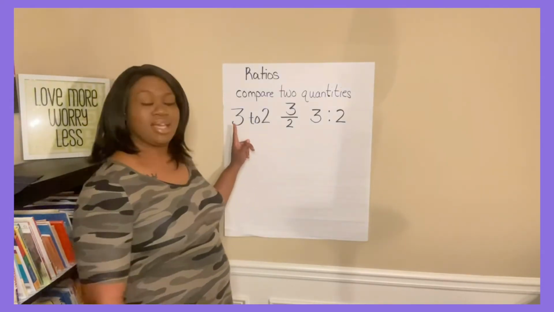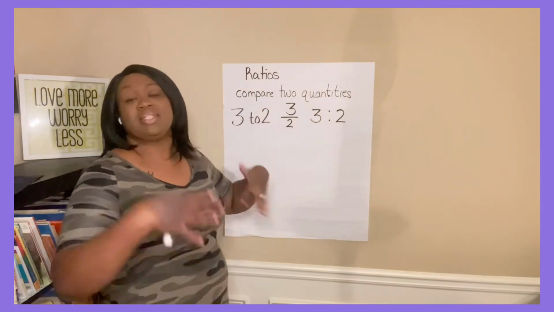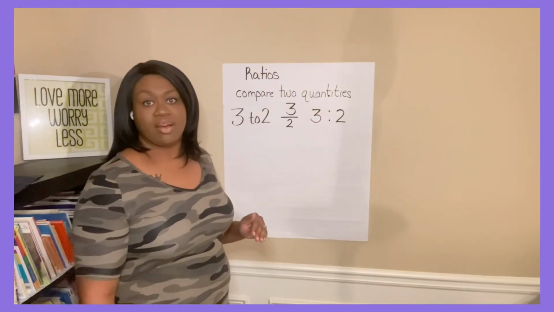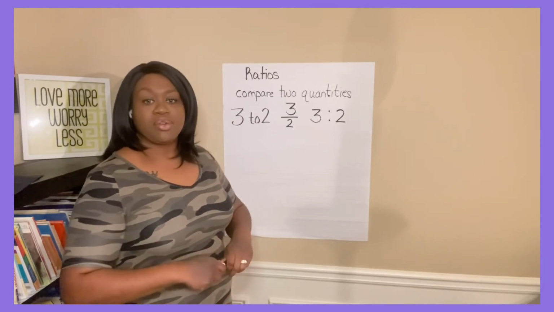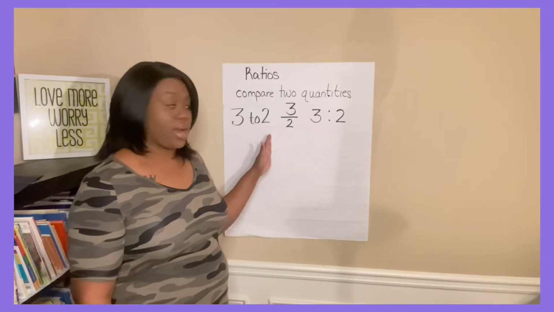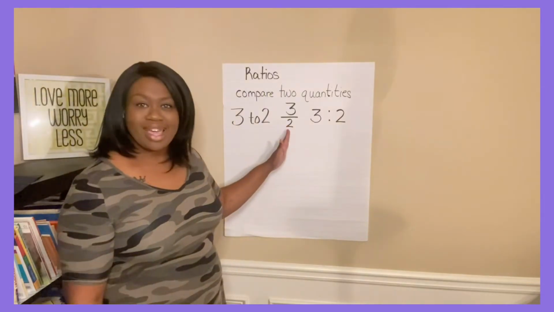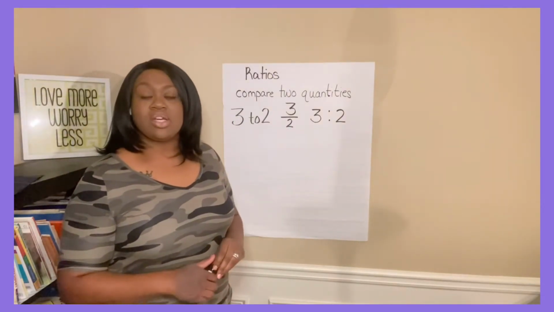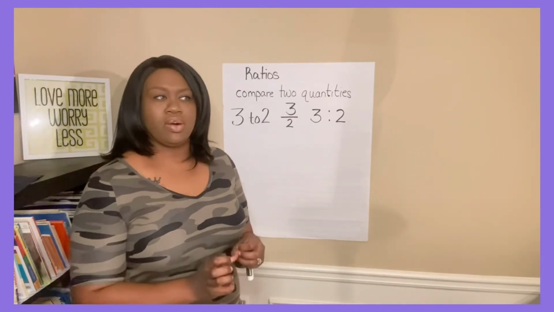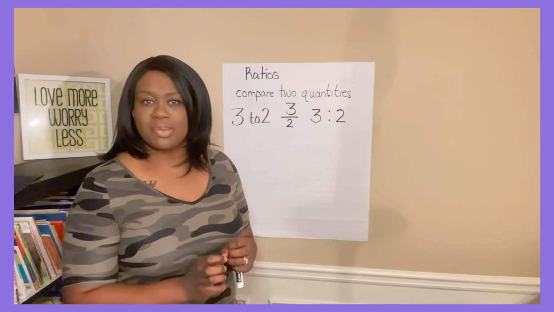So again, it may sound a little bit different, but it's still saying the same thing, okay? Another thing you need to know is ratios can be written as a fraction, and also it can be 2 parts compared in the whole. Okay, that sounds a little bit confusing, doesn't it?